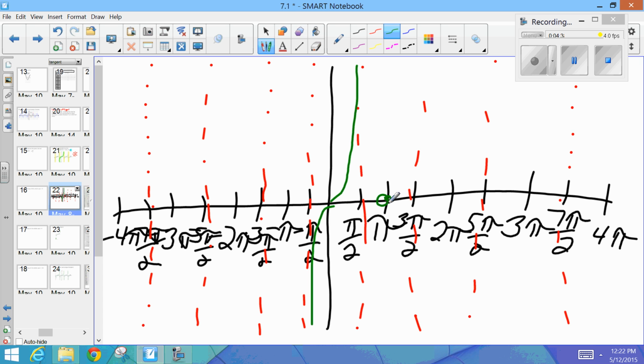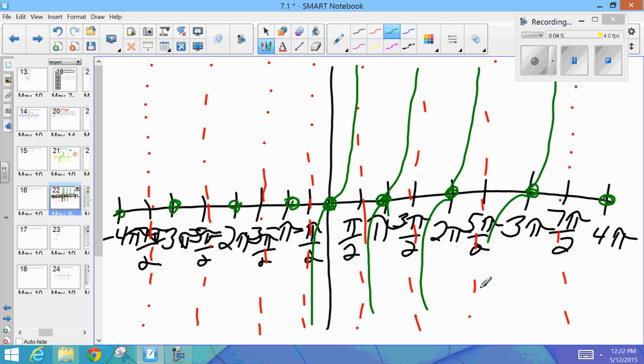And here we've got zeros at every multiple of pi. And then that same pattern happens: concave up, concave down, concave up, concave down. Here I'm only going down.